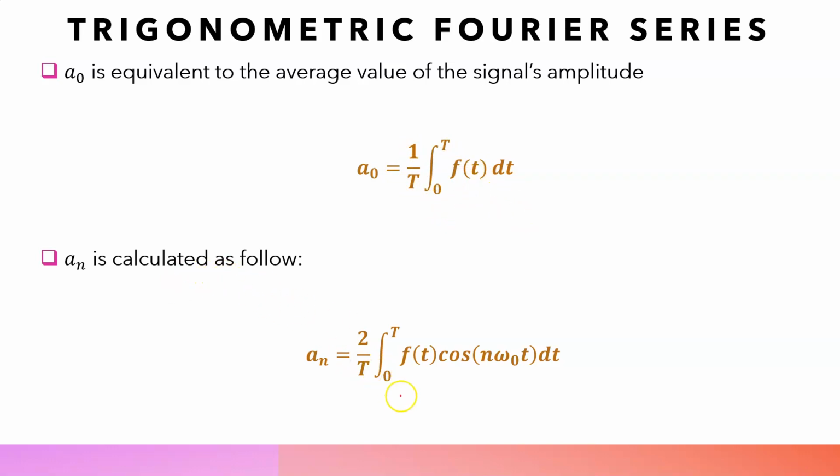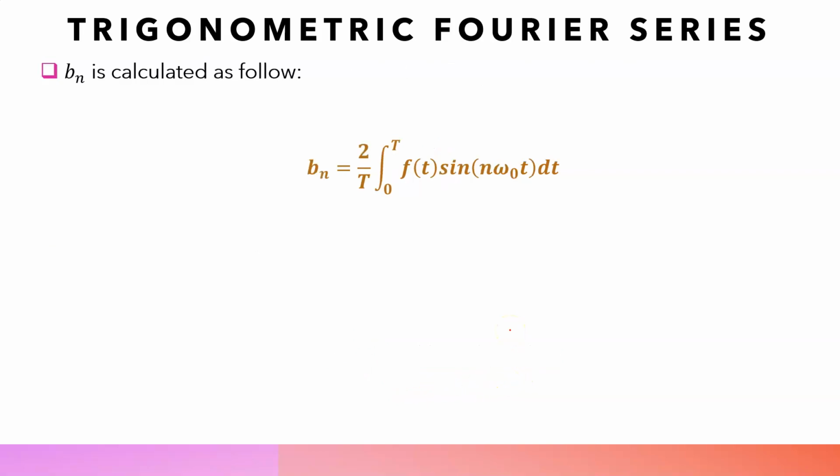An is calculated using this formula, where the function is multiplied by cos n omega_0 t and then integrated through the period. To calculate Bn, the function is multiplied with sine n omega_0 t and then integrated through the period.